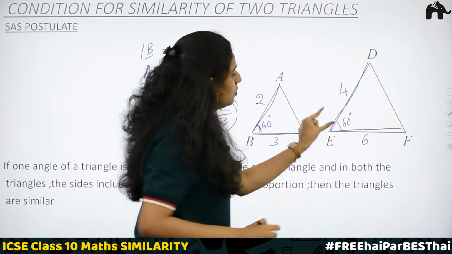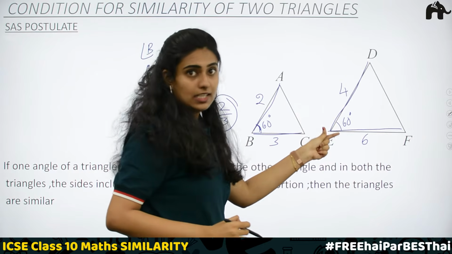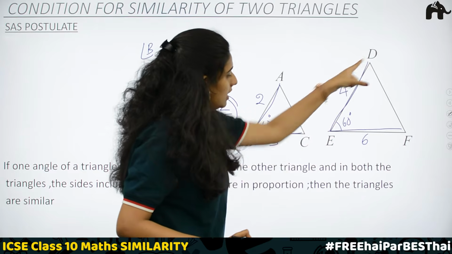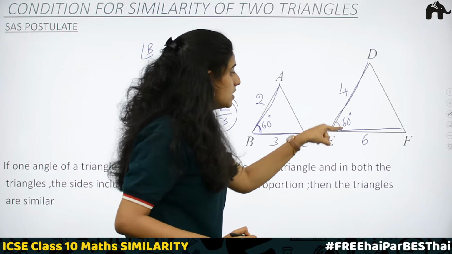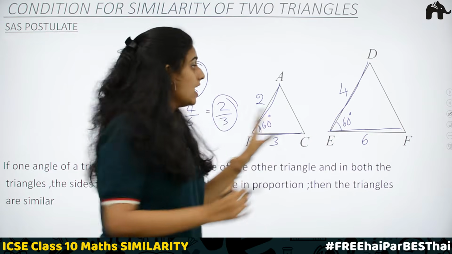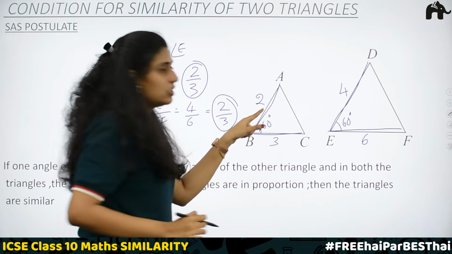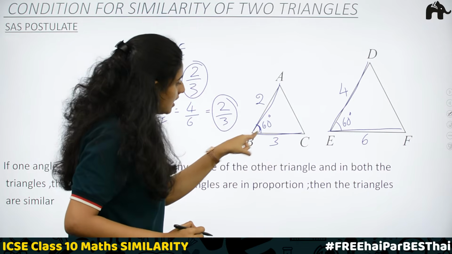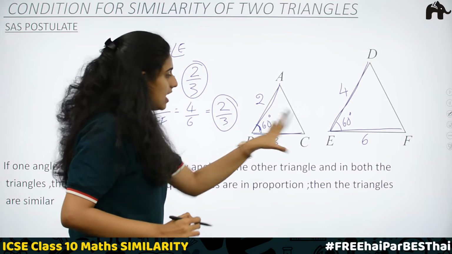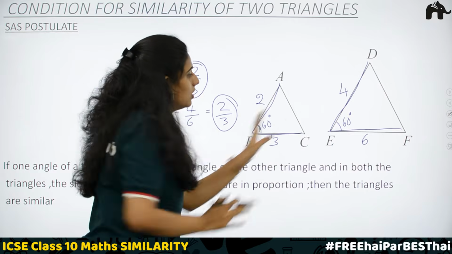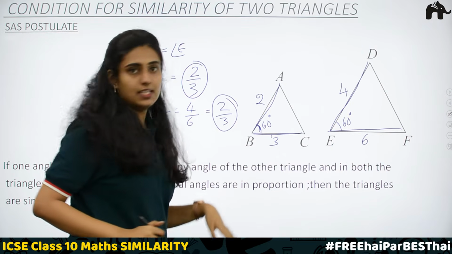Similarly here, when you take this 60 degree, that is angle E, DE and EF, the sides we have taken DE and EF, and the angle lies between these two sides. Okay, that is the angle should touch, the left side of the angle should touch one side and the right side of the angle should touch the other side. Only then we can call this the corresponding sides which we are taking here.